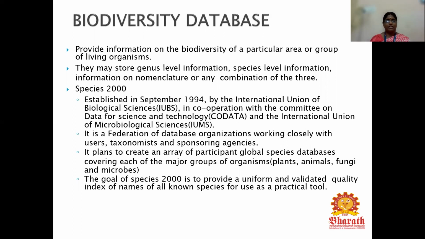It is a federation of database organizations working closely with users, taxonomists, and sponsoring agencies. It plans to create an array of participant global species databases covering each of the major groups of organisms like plants, animals, fungi, and microbes.